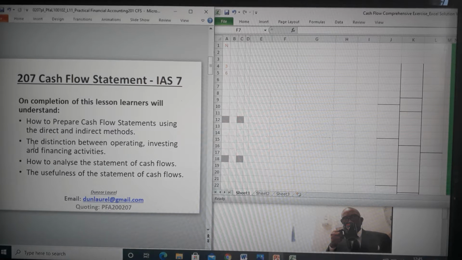Then you understand the distinction between operating, investing, and financing activity, how to analyze the statement of cash flows when it's done, and then the usefulness of the cash flow statement. I'll be giving you a few here. They are not exhaustive. You have to do some research, go through other materials to get more usefulness of cash flow for yourself. Okay?